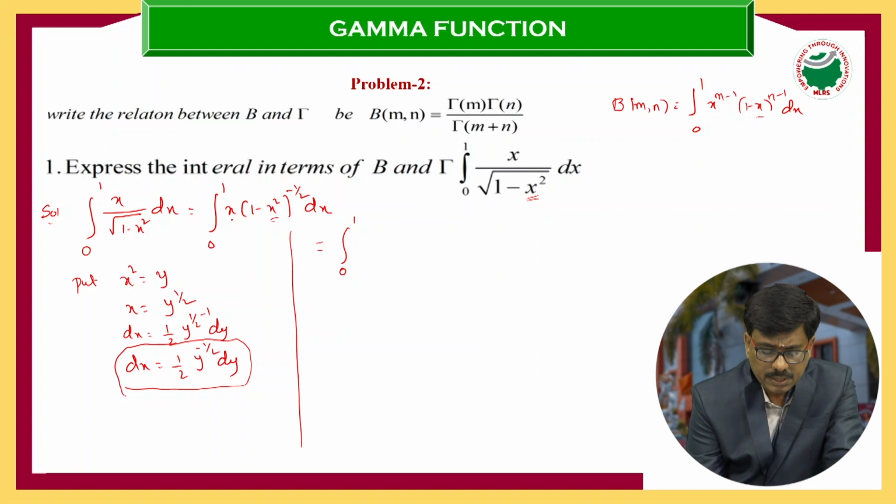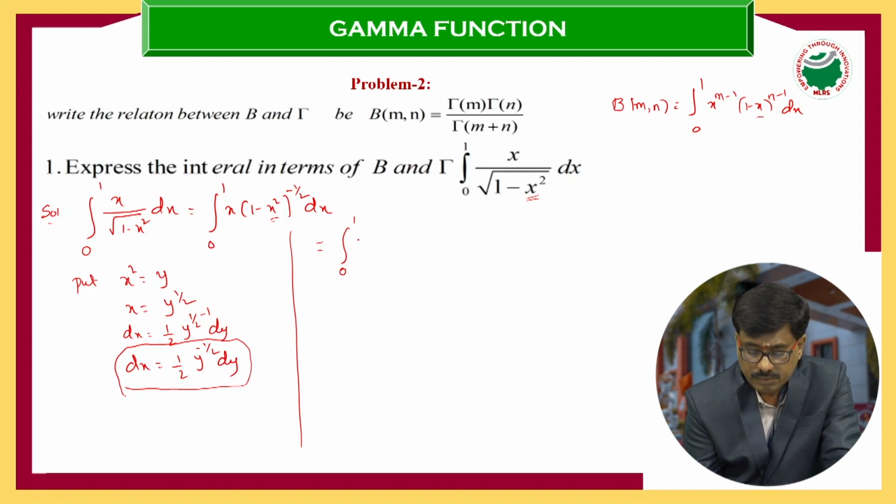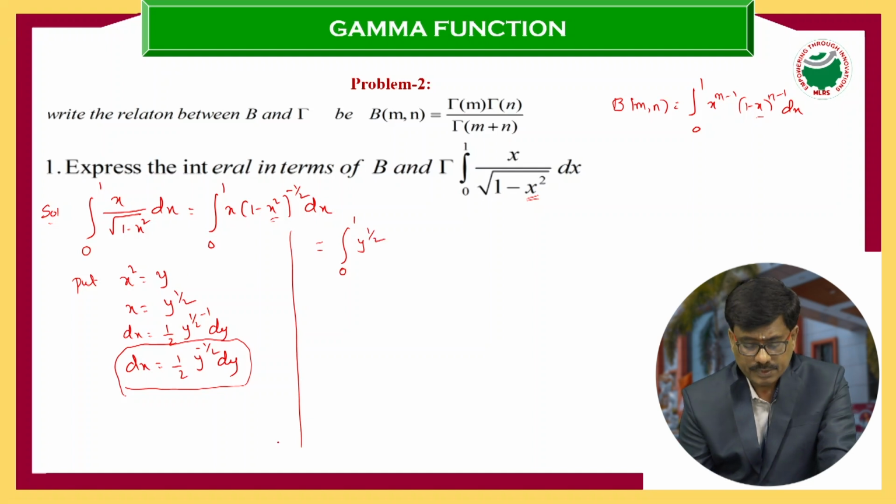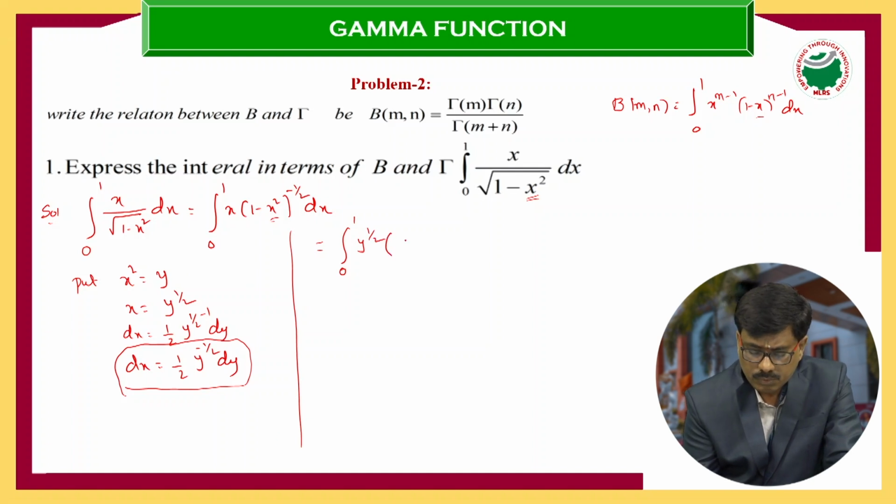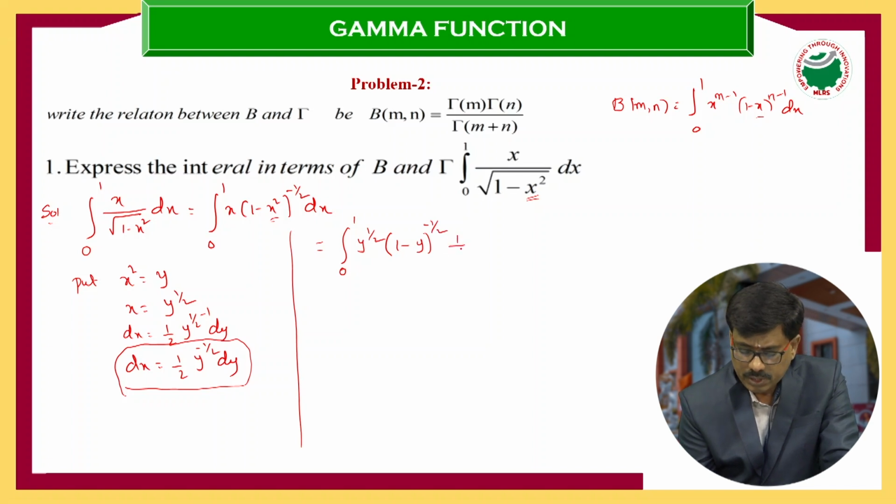Now look at this. x is replaced by y power 1 by 2, and 1 minus x square is there. What is x square? I can replace it by y, so 1 minus y whole power minus 1 by 2 dx. What is dx? 1 by 2 y power minus 1 by 2 into dy.